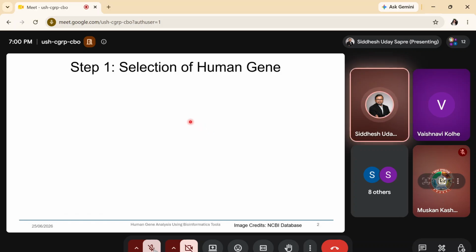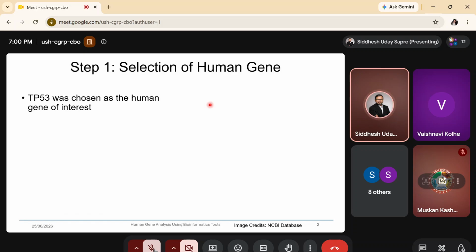So the first step was to select the human gene. Among the scientific reasons, one reason to choose this particular gene was that it is of human clinical significance, and the gene itself, TP53, was shown to be involved in around 60% of all the cancers of humans. So this particular gene was chosen.